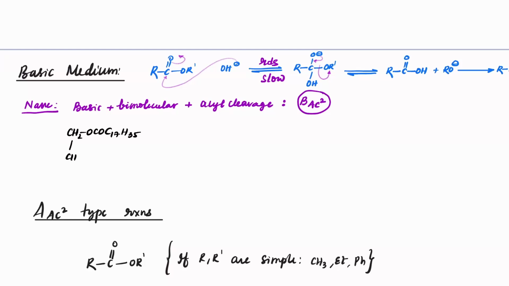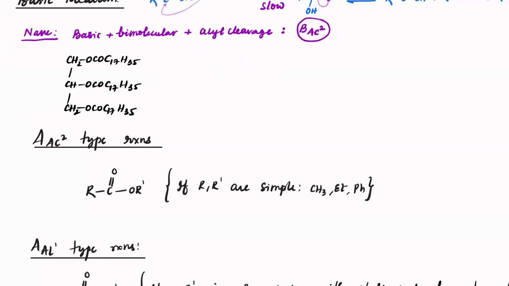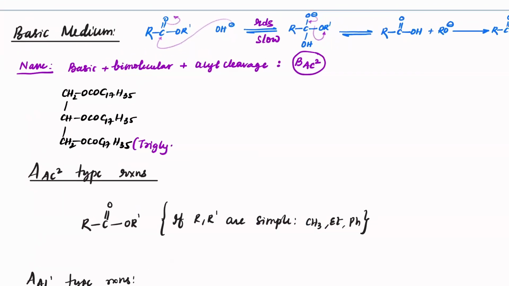Similarly, CH2 here, CHO, CO, C17, H35, CH2, CH2, O, CO, C17, H35. These are triglycerides.